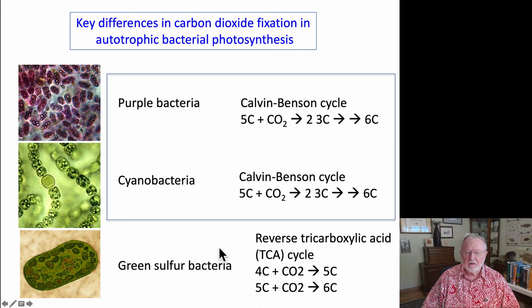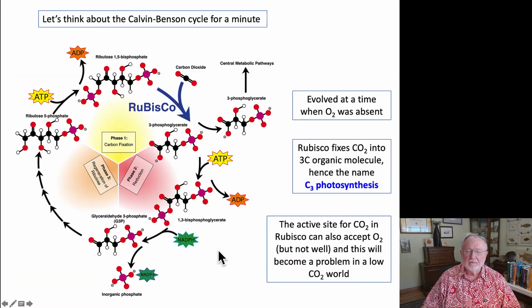That is a very functioning photosynthetic cycle, as well as the Calvin-Benson. It turns out that during the course of evolution, cyanobacteria adopted the Calvin-Benson cycle, not the green sulfur cycle.